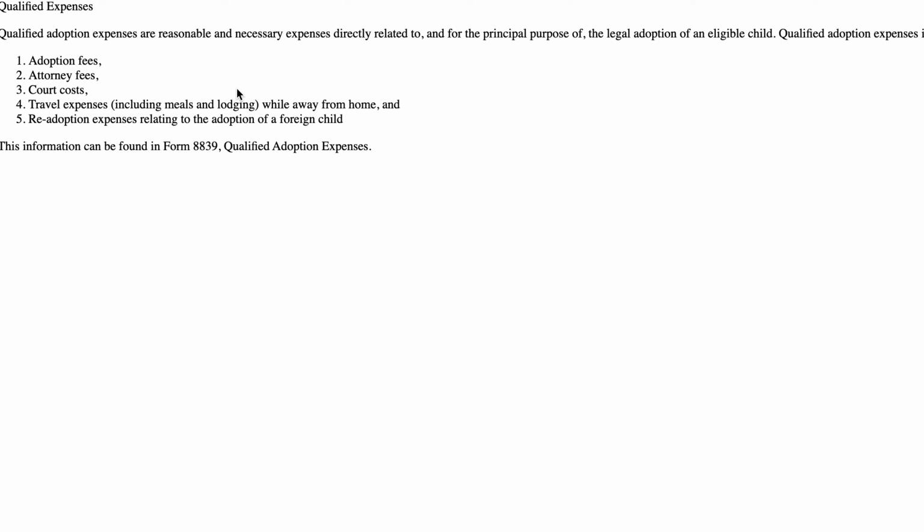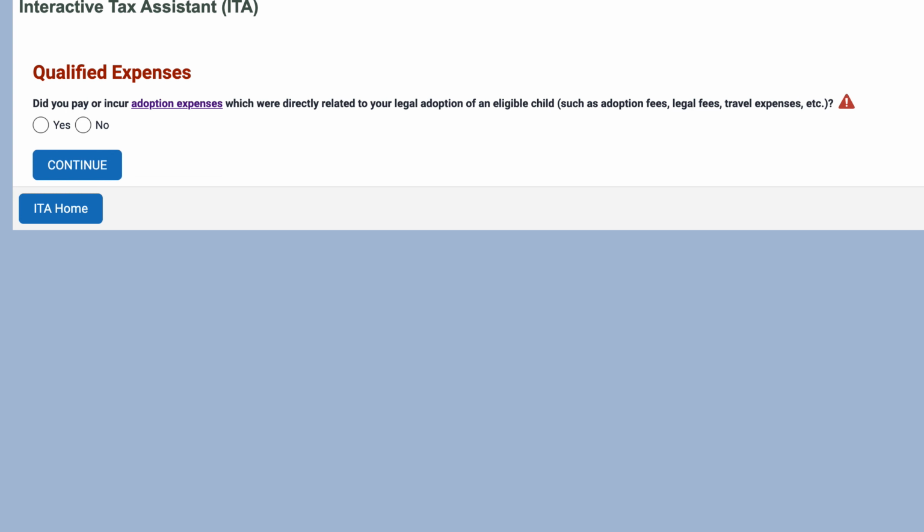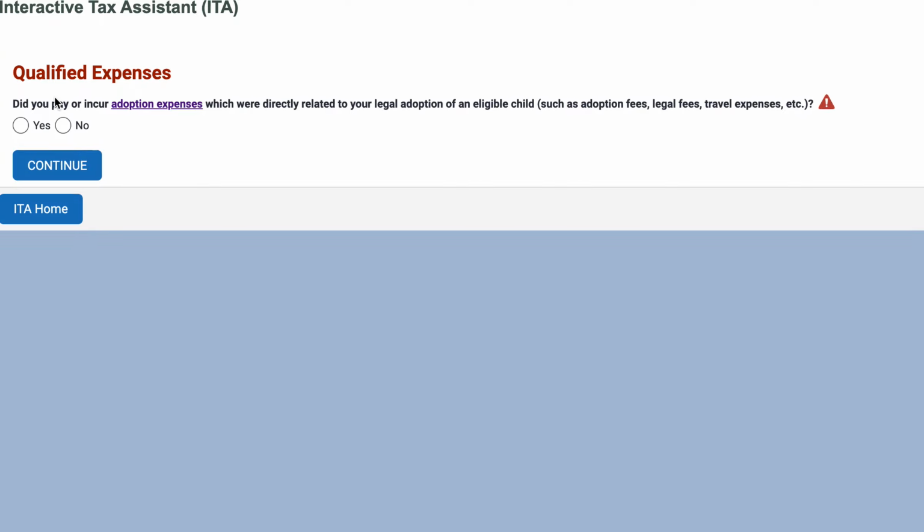You can find a little more about this in IRS Form 8839, which is the tax form you would use to claim qualified adoption expenses. We've written an article and created a video on this tax form. We'll put a link to this and any other tax forms that are mentioned in the notes of this video. So let's just say that we did.